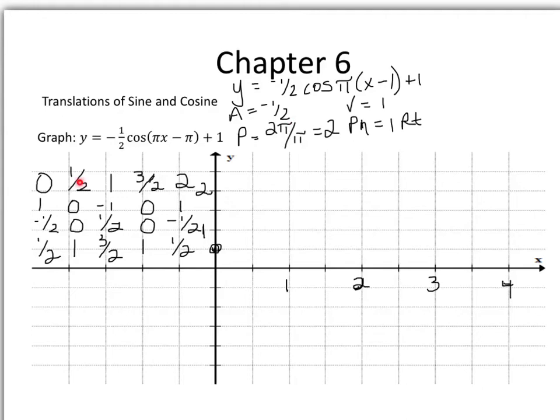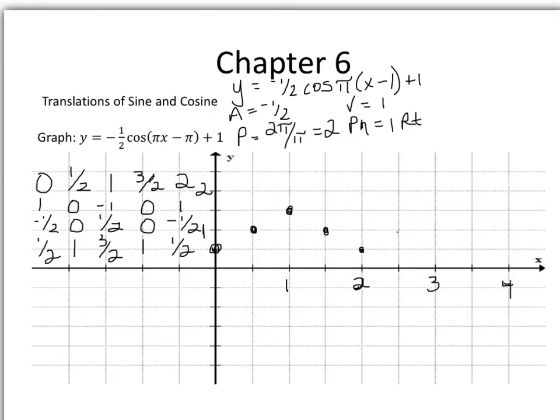At 1 half, y is at 1. At 1, y is 3 halves. At 3 halves, y is at 1. And then finally at 2, y is at 1 half. So there is one period of this graph.